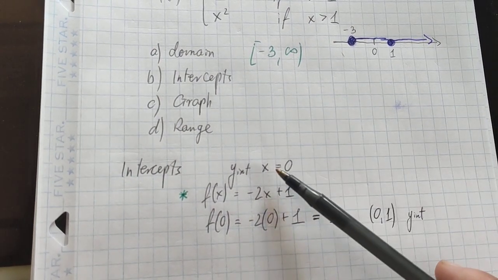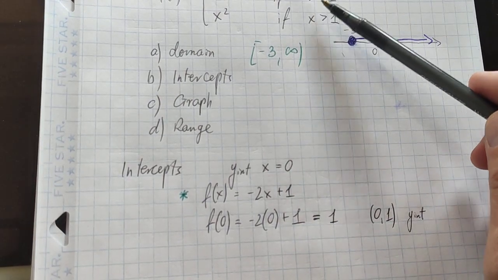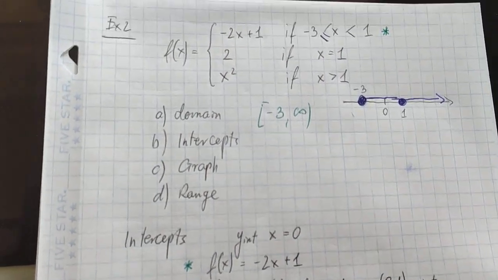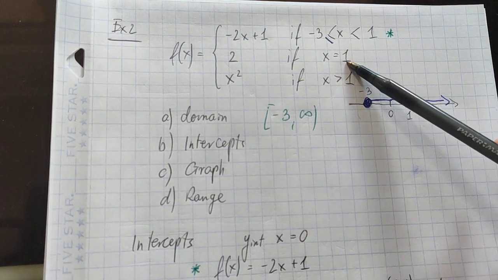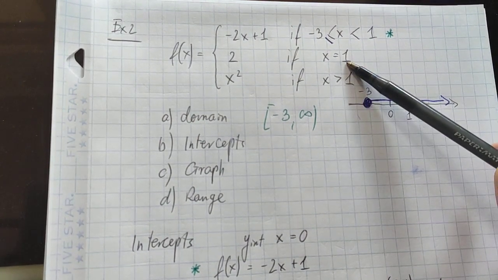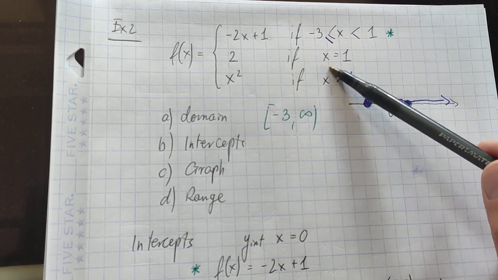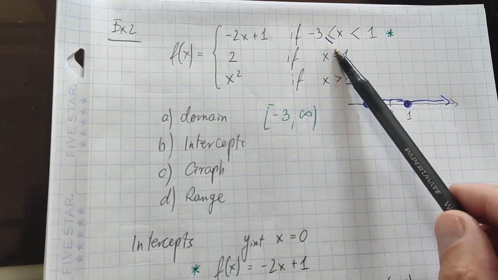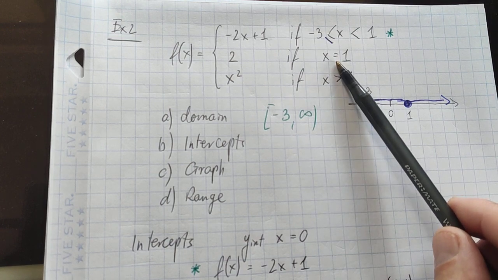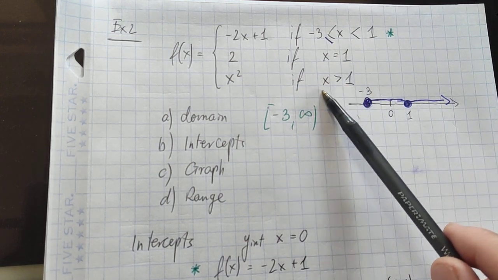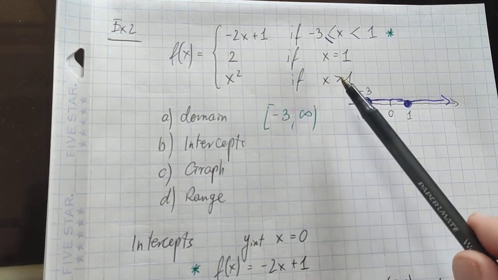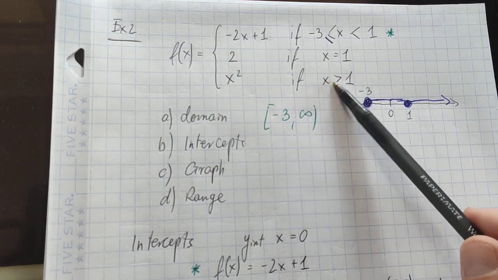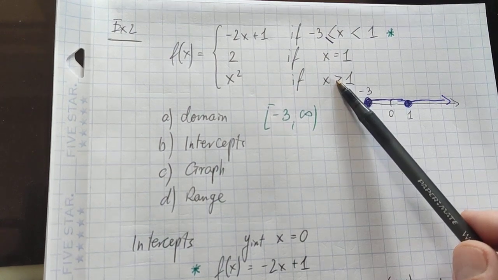If I take x equals 0 and try to plug it into the second function, it doesn't really work, because 0 is not part of the domain of this second function. Here, the only x I can plug in is 1. The same thing happens for the third function. I cannot plug in 0 in here because 0 doesn't belong there.